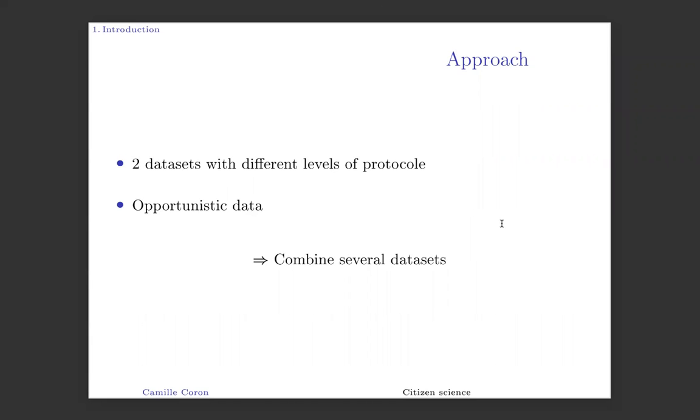The first one has a very precise protocol, and the second one has a very imprecise or unknown protocol. Obviously, the first data set is very expensive and a small one, and the second one is a big data set that is very cheap. Our aim is to benefit from both data sets and to combine them to have better estimations than what we had using only the standardized data set, the first data set with a precise protocol.